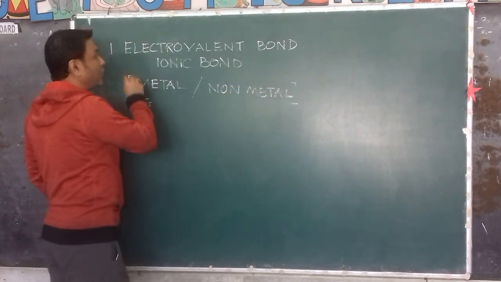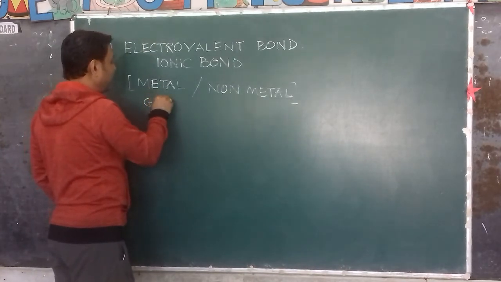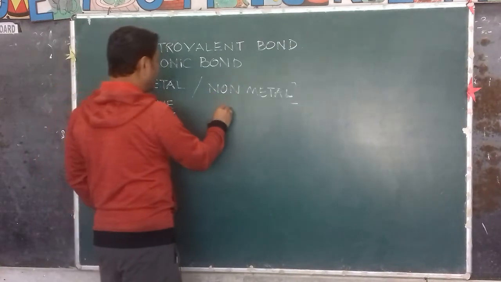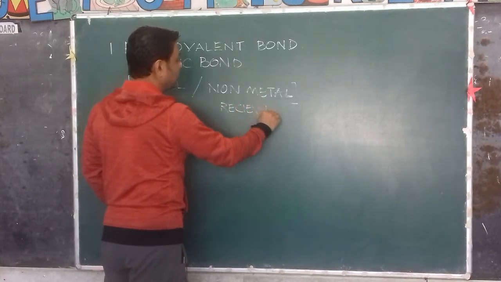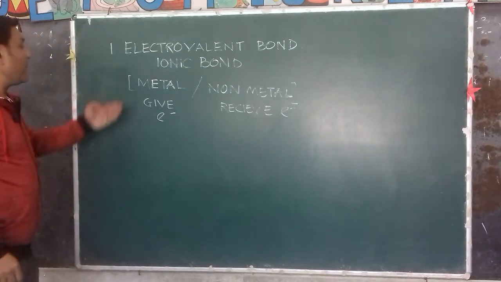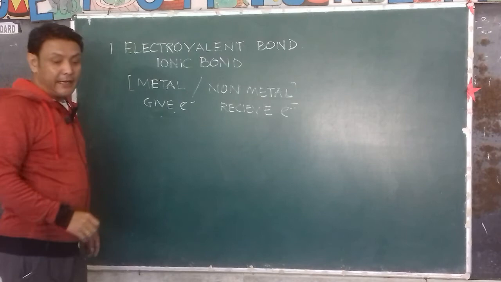So this is called the ionic bond. Metal always loses or gives electrons, and non-metal always receives electrons. So metals always give electrons, whereas non-metals always receive electrons.